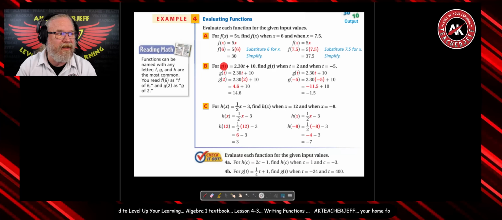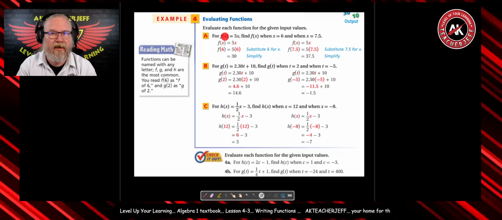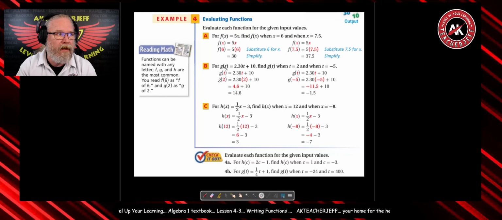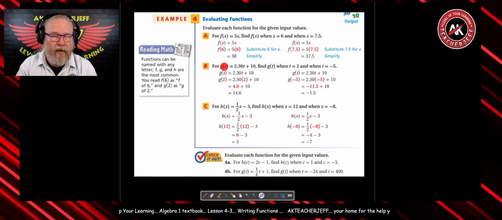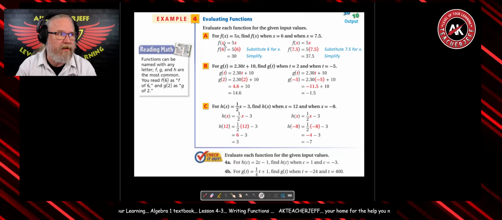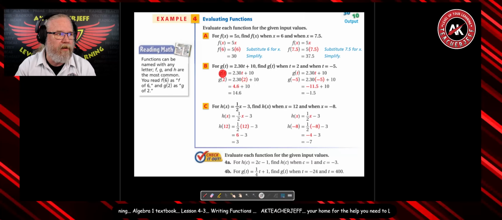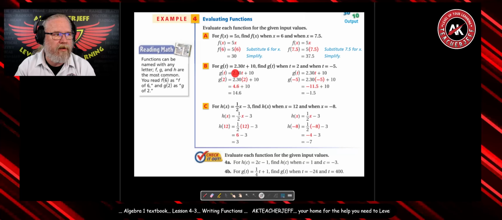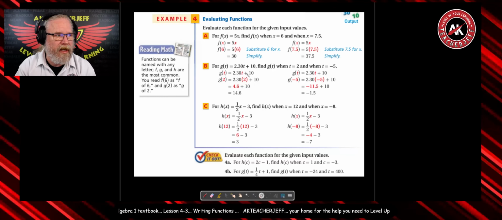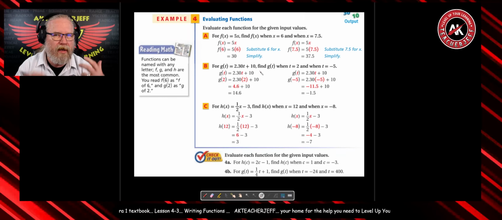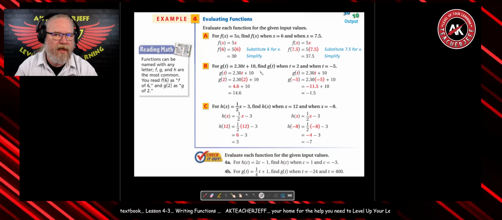We can always think of this as a Y value. Just like we can substitute F of X with Y, we can substitute G of T with Y as well and think of it as Y equals 5X or Y equals 2.30T plus 10. Either way, if you want to think of it as Y instead, that'll work fine.